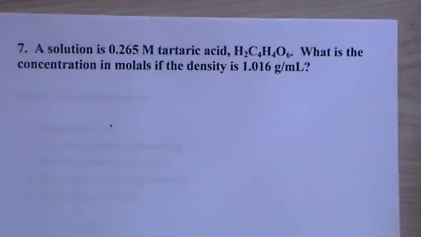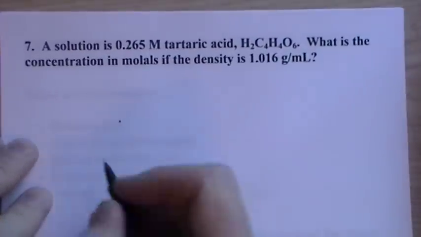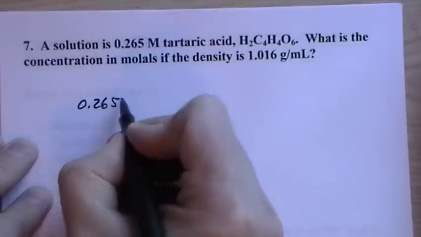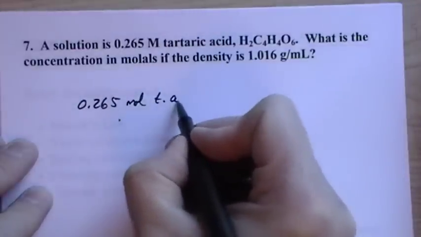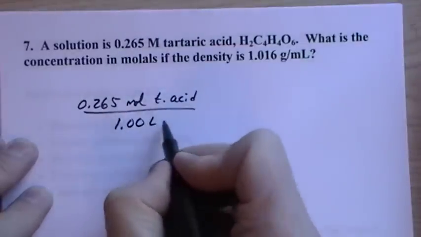Now going from molarity to molals is pretty much the opposite process. It's the reverse of what we did previously. 0.265 molar is 0.265 moles of tartaric acid, I'm going to just make this T acid, over 1 liter of solution.